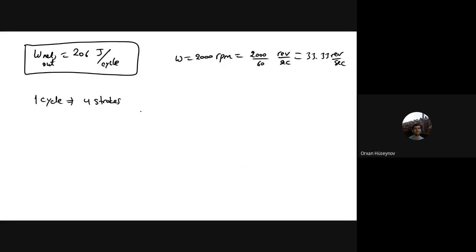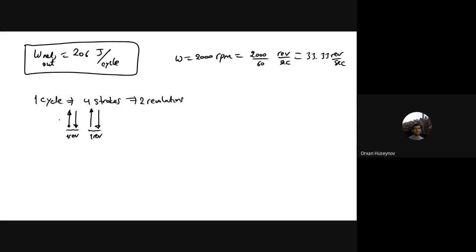But these 4 strokes happen in 2 revolutions. Because the piston is here, and it moves up. This is 180 degrees, it goes back 360 degrees. It makes 1 revolution. And then the piston moves up again, it makes 180 degrees, and back 180 degrees again, and it makes the 2nd revolution.